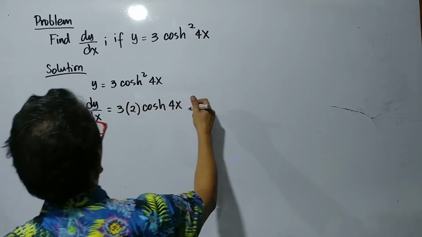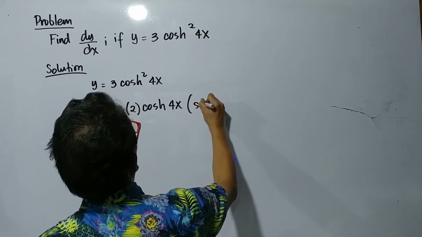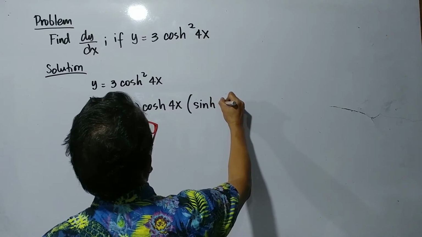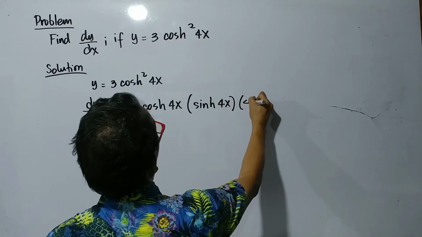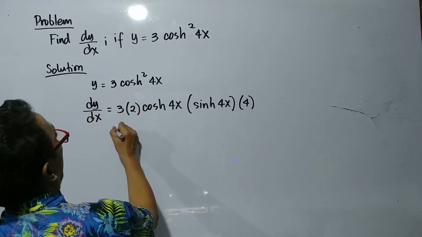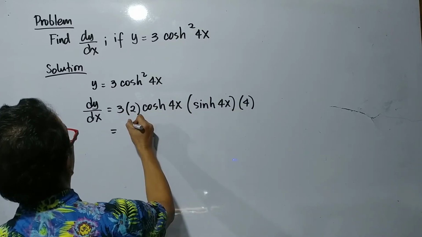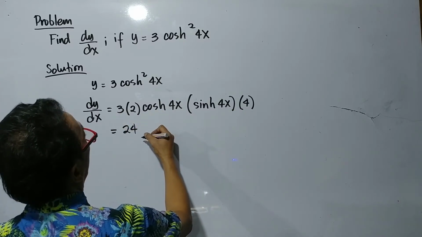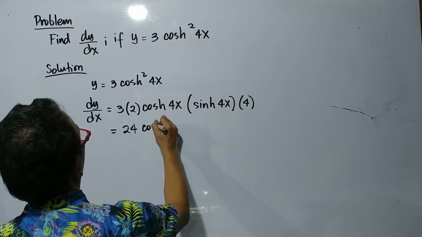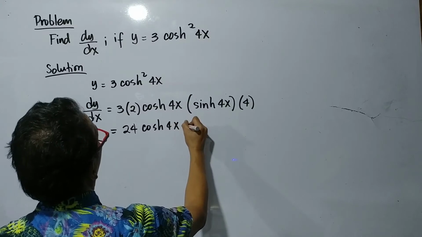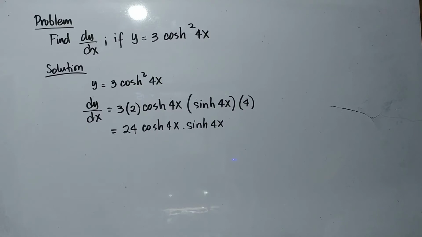Differentiate now this one, we have hyperbolic sine of 4x times the differential of 4x, which is 4. So we have now 6 times 4, it is 24, hyperbolic cosine of 4x and hyperbolic sine of 4x.